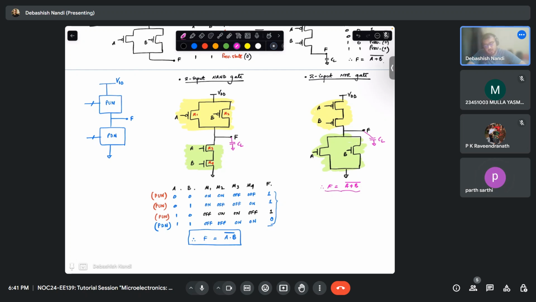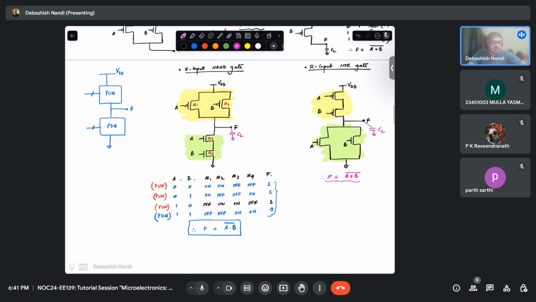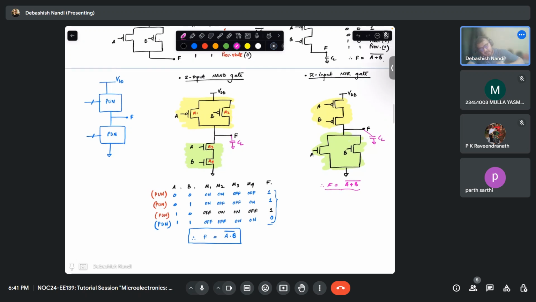Yes, sir. Okay. Now coming back to the sizing of these transistors. What I expect is that you take any combinational logic and design the CMOS equivalent.